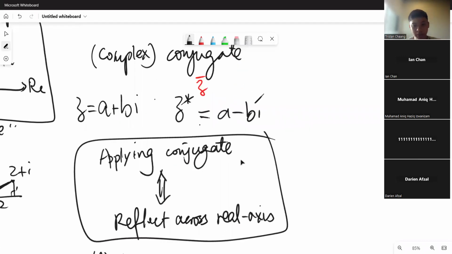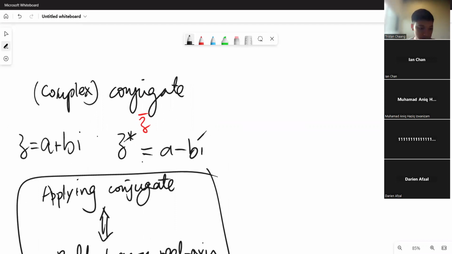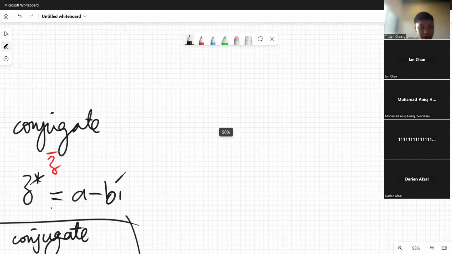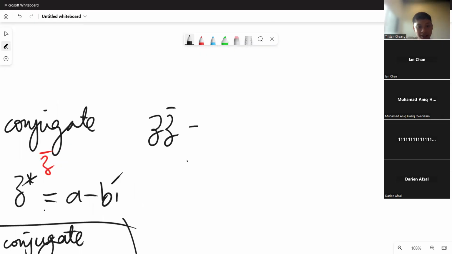Okay. So that's conjugate. One simple property, as you can verify, is that Z times Z bar is equal to the magnitude of Z squared. So anyone can tell me why? Just very quickly.